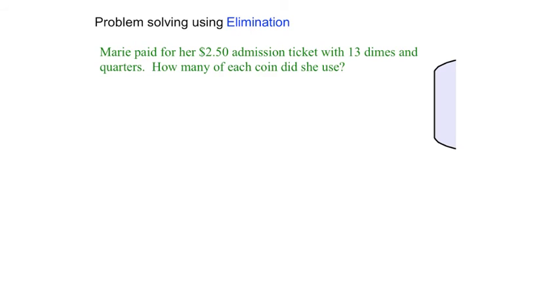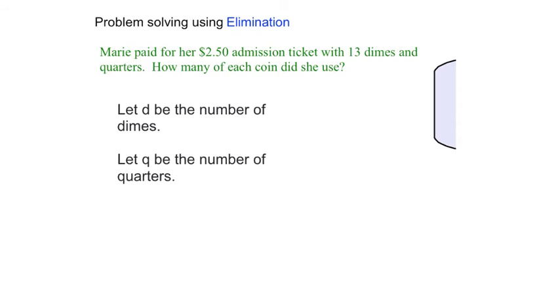Let D be the number of dimes, and let Q be the number of quarters. Those are our let statements. We need to have our variables identified before we can even start thinking about writing equations.